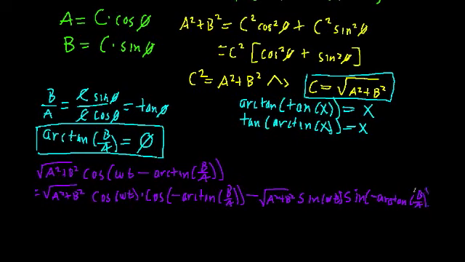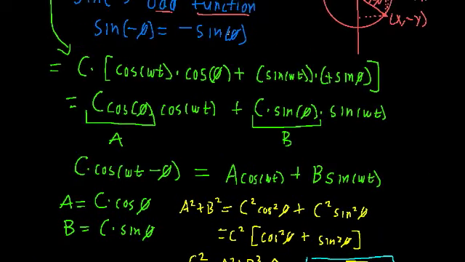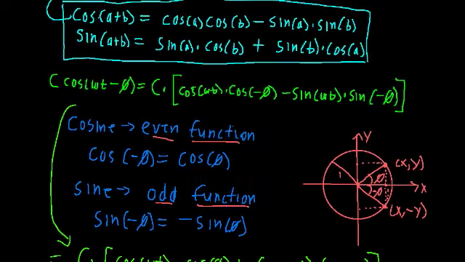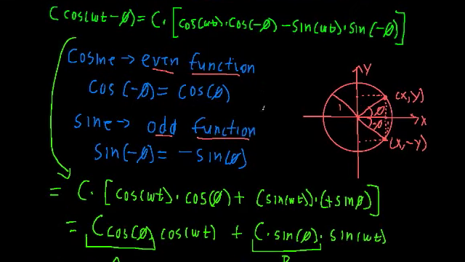Now you may be thinking, that doesn't help, this just looks like a glorified mess. But it's important to realize that we just applied the same formula we did earlier, cosine of a plus b is cosine a cosine b minus sine a sine b. Now, let's do the next step that we did.